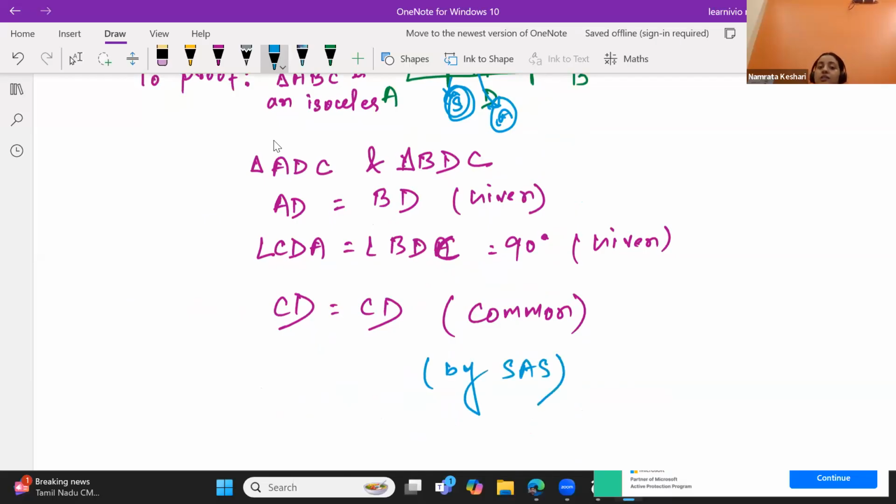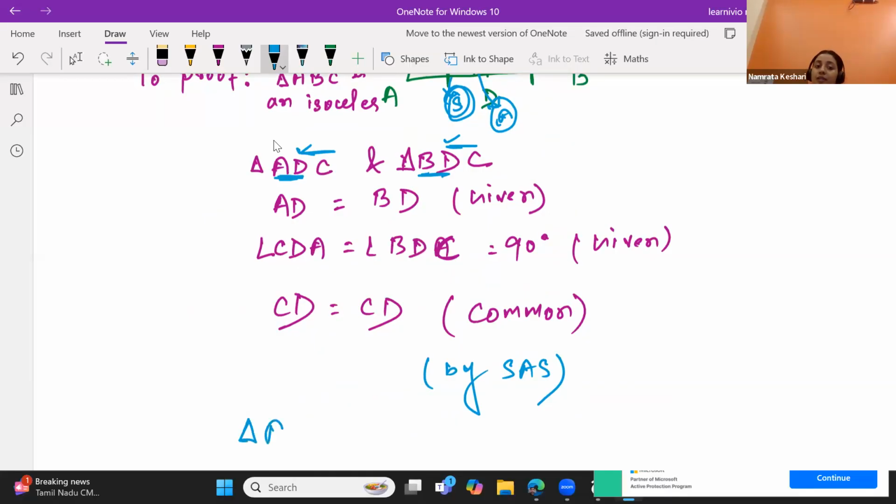Now let's write the name of the triangles properly. Let me check randomly the names which I have written at the top. Is it still correct? AD and BD, yes, at the same place I have written. Angle D over here, angle D over there, yes. CD over here and CD over there. Yes. So randomly whatever name I have written, coincidentally that is the correct pattern.